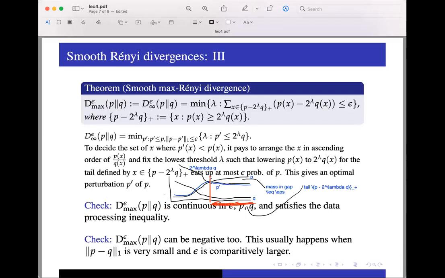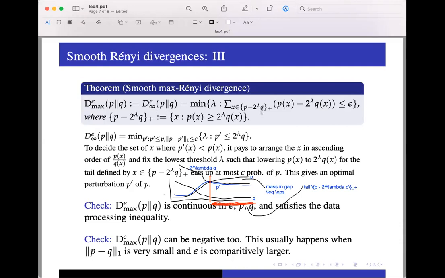So let us now look at d epsilon infinity, one of the two important smooth Renyi divergences. The d epsilon infinity is also known in the literature as d epsilon max, the epsilon smooth max Renyi divergence. There's nothing but the definition.